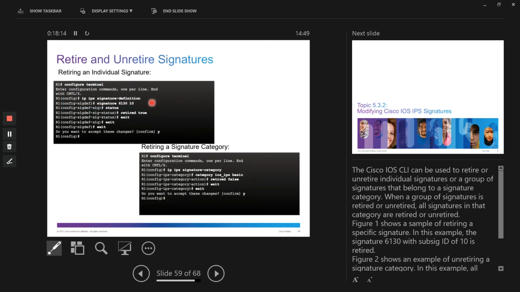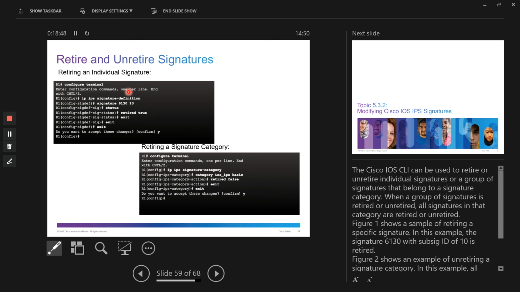The next thing is retiring and unretiring signatures. The Cisco iOS CLI can be used to retire or unretire an individual signature or a group of signatures that belong to a signature category. When a group of signatures is retired or unretired, all signatures in that category are retired or unretired at the same time. For example, this picture shows a sample of retiring a specific signature.